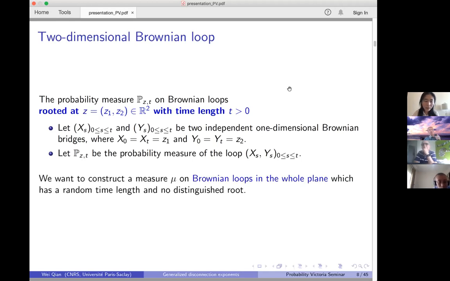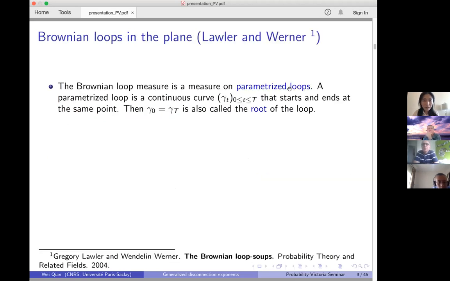But then our goal is to have a measure mu on Brownian loops in the whole plane, which has a random time length and no distinguished root. This measure on Brownian loops was constructed by Lawler and Werner in 2004. It is a measure on parametrized loops.